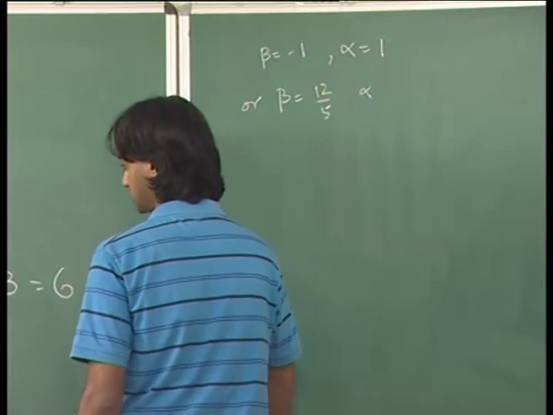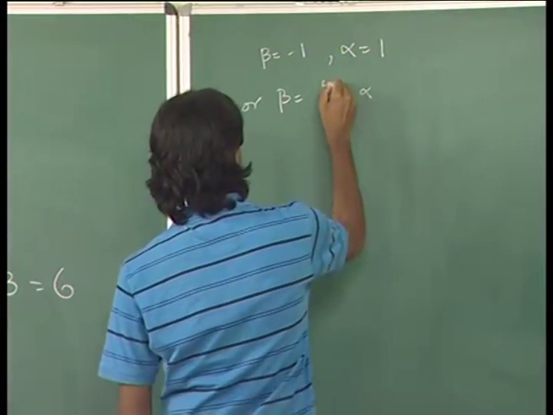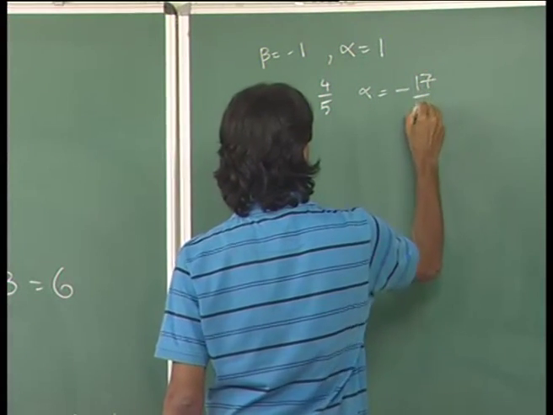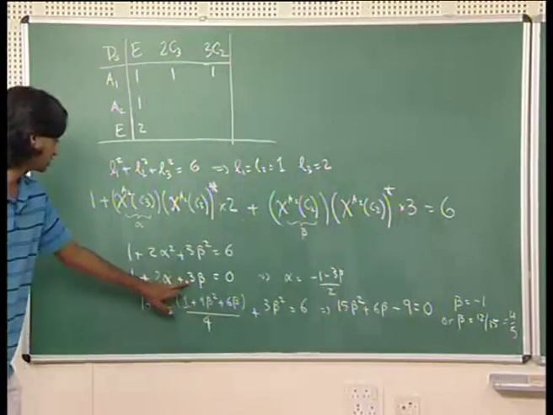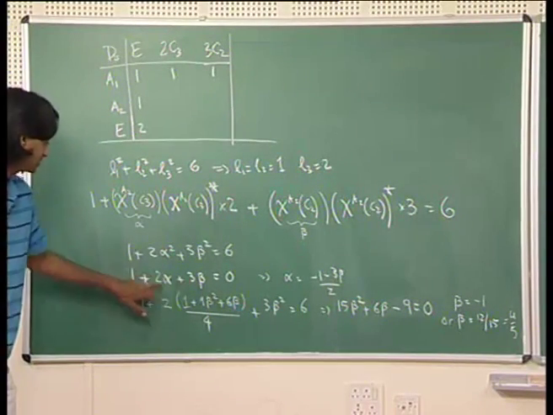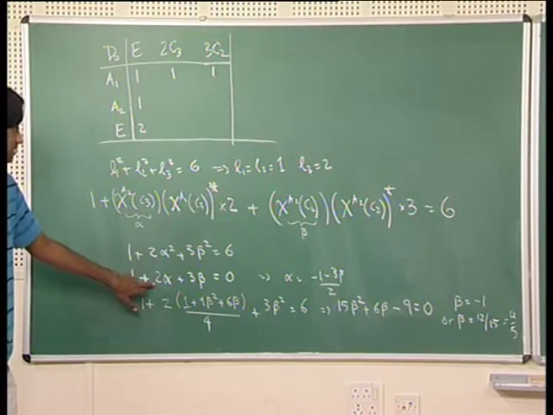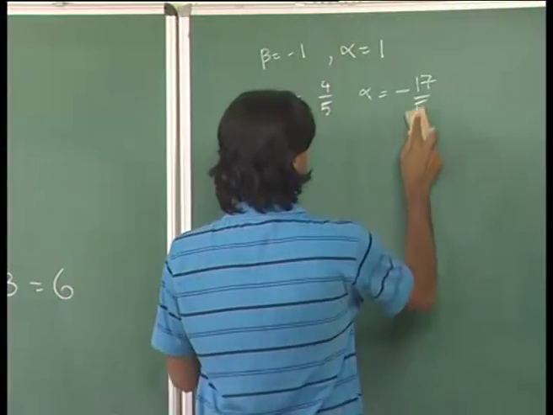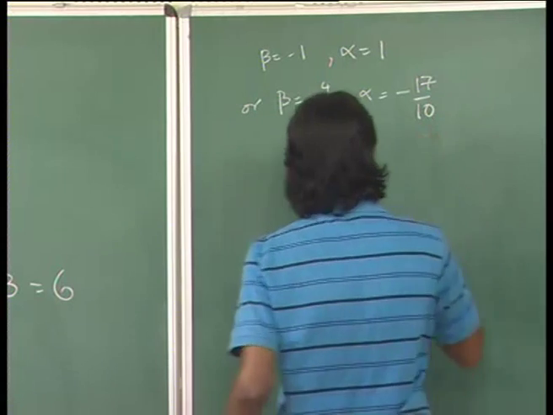Sorry, beta is 4 by 5. Okay. So, you can check again: 4 into 3 is 12, 12 plus 5 is 17, and this is minus 17 by 10. Okay.